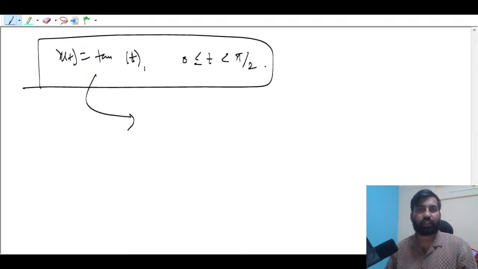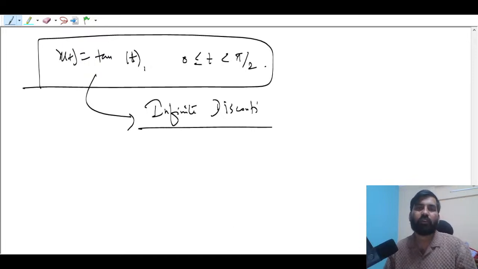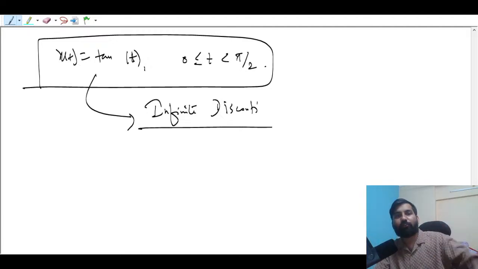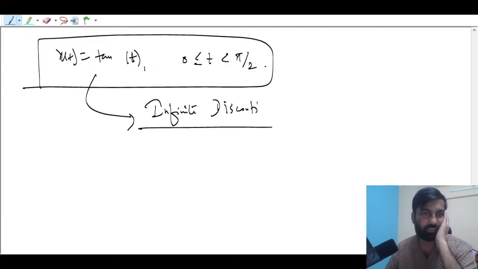Infinite discontinuity per period. So I hope this makes sense. If there is an infinite number of finite discontinuity, it will not be having the Fourier series. So this you just have to remember.